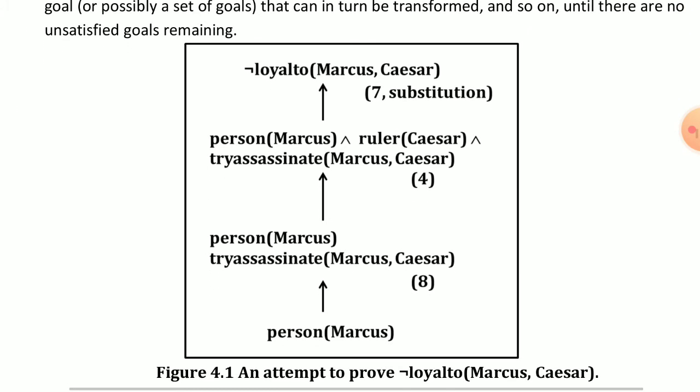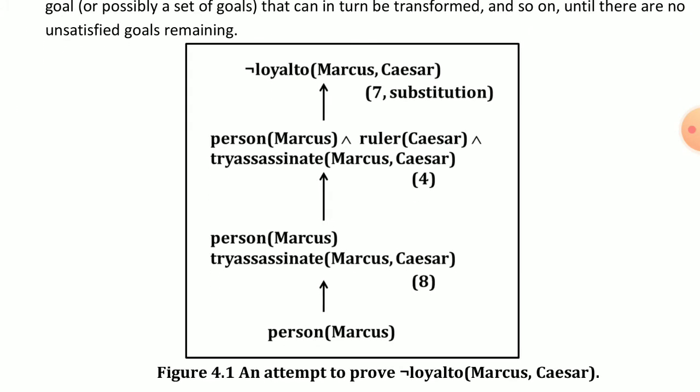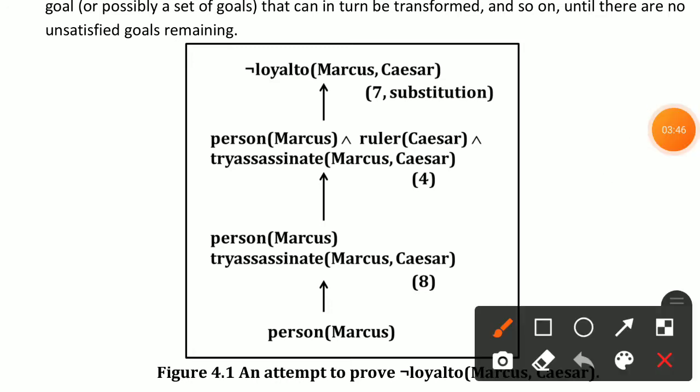So we can start with the person, and the name of the person is Marcus. So we can write person in bracket Marcus. Now person Marcus, tryassassinate in bracket Marcus comma Caesar.